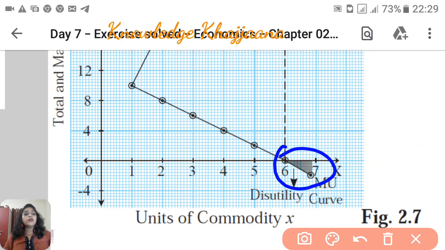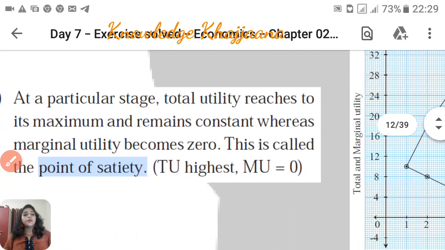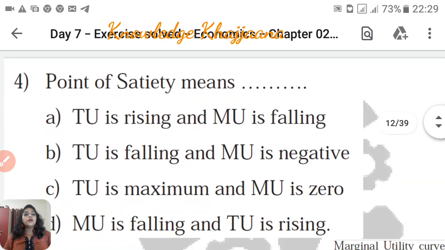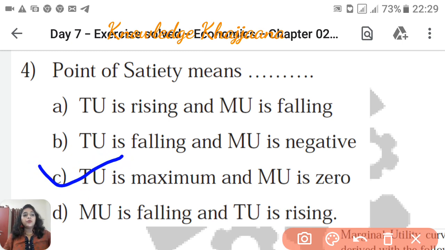It is becoming 0. So when the point of satiety is achieved, the total utility is maximum and marginal utility is 0.